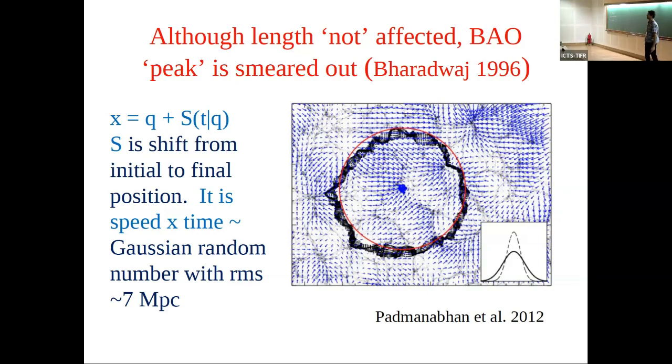And so a bunch of the BAO analyses are trying to just reconstruct the spike from the current late time smeared out thing. And there's a bunch of algorithms out there trying to do this, and I'll describe one of them.